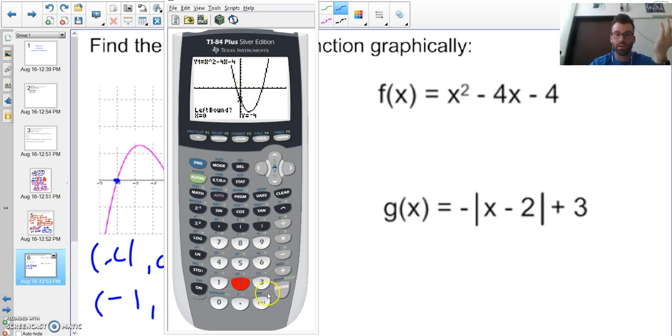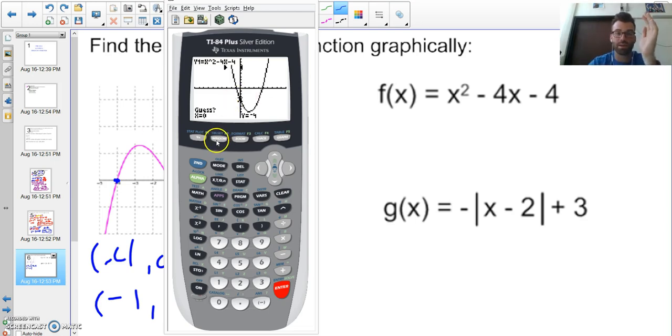So a number on the left would be -3. Right bound, a number on the right, I'm going to use 0. So what our calculator is doing is looking for a 0 between those two numbers, between -3 and 0. We're giving it parameters to look.